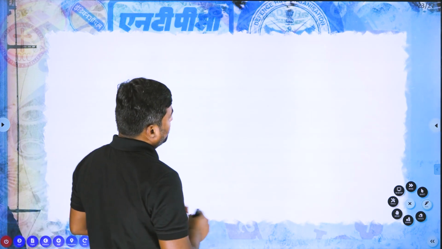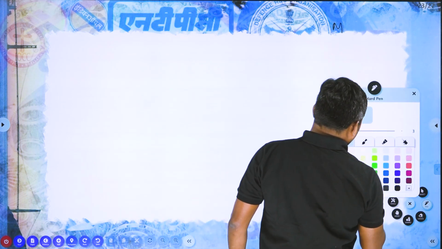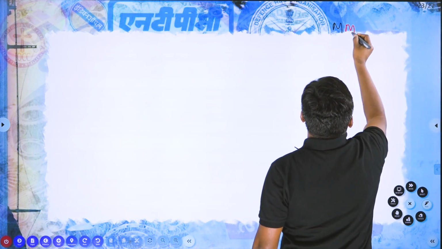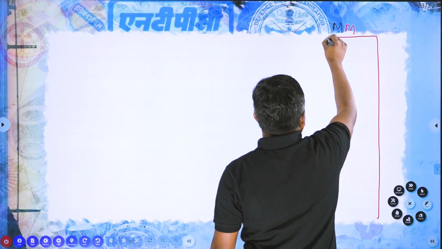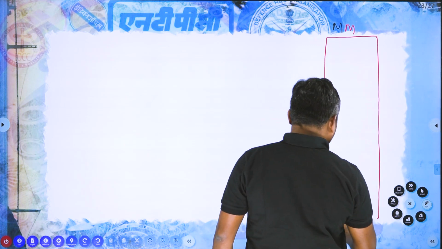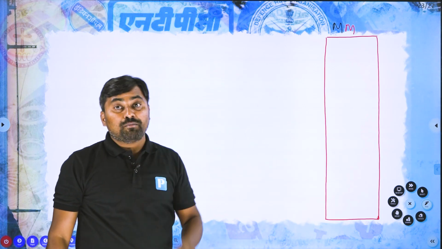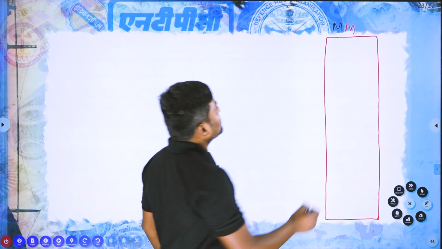Look into the second question: main memory size. Please do understand the main memory size. What is the main memory size here? Physical address is nothing but 32-bit.